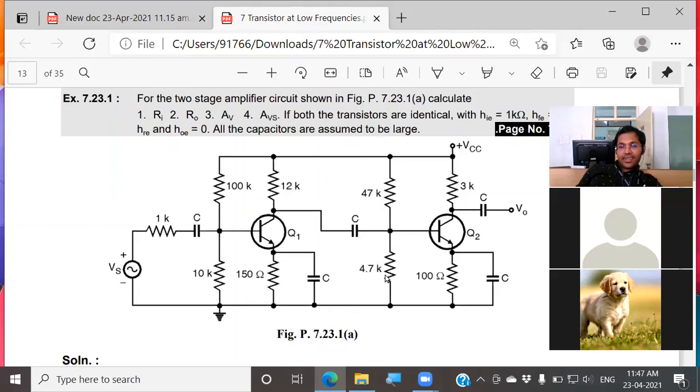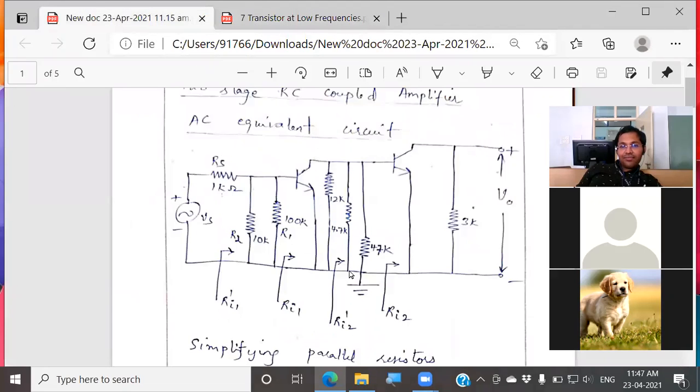What is the answer? Parallel. Very good. So from this point, this is short circuit. So from the collector, we will have 4.7K and 47K in parallel. 12K we already finished.